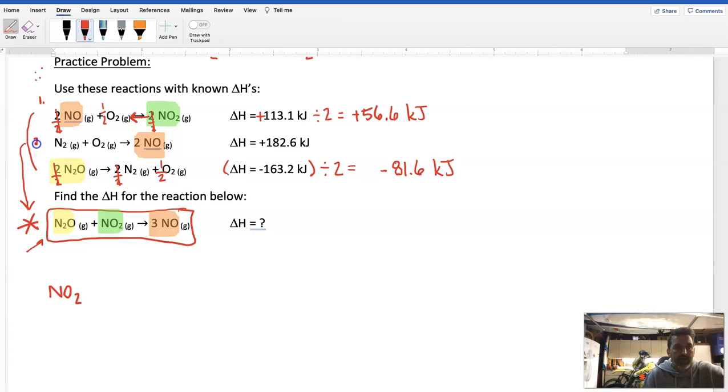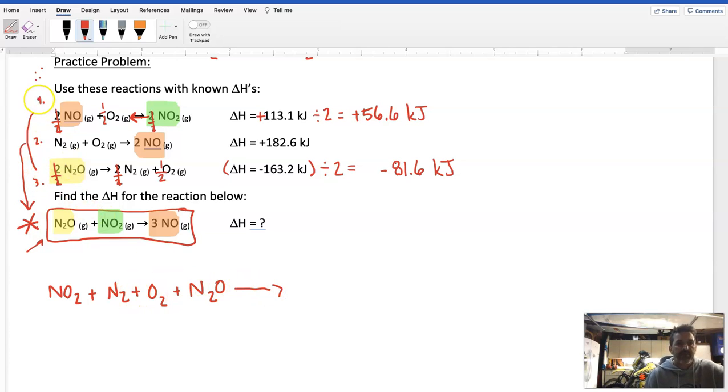Now I'm going to add the reactants of the second equation. So the second equation, the reactants are N2 plus O2. Okay, so then I'm going to add the third equation. I'm going to add the reactants together, which is N2O. So I've taken all 3 equations and I've added all the reactants together.